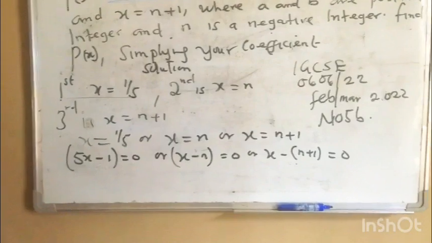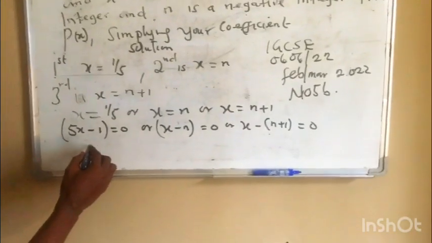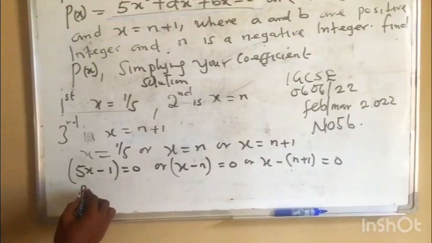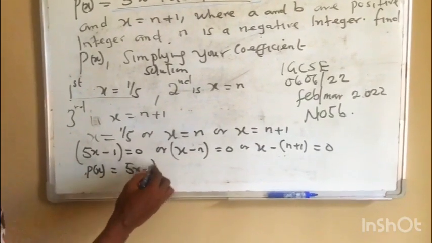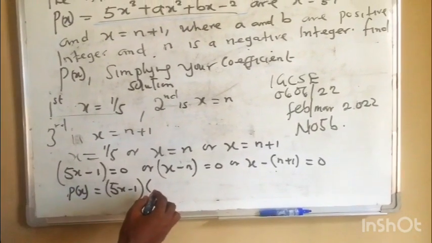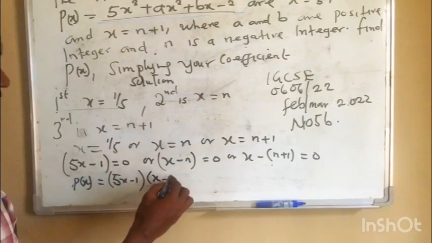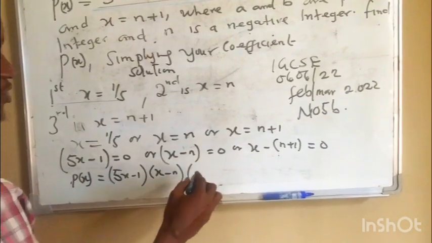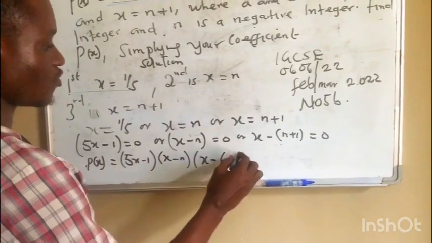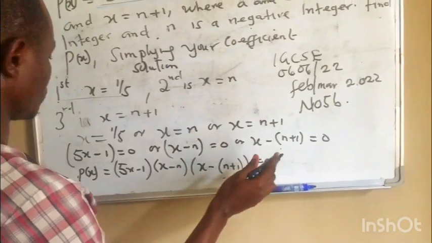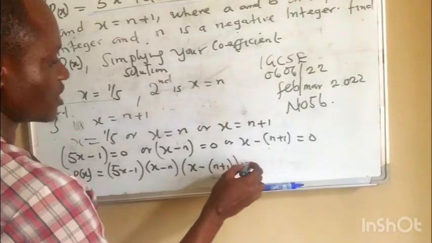So if I combine the three, the polynomial P of x will become 5x minus 1 into bracket x minus n, and the third one x minus n plus 1, equals, you can say this equals 0.